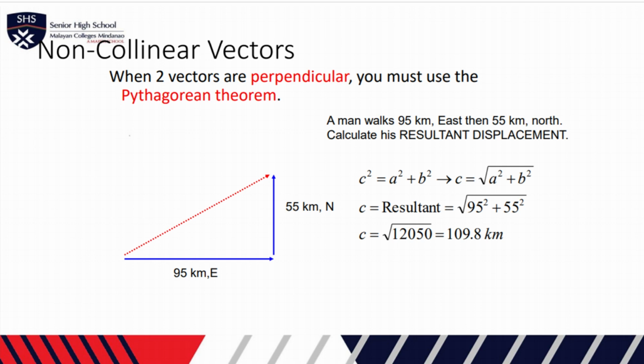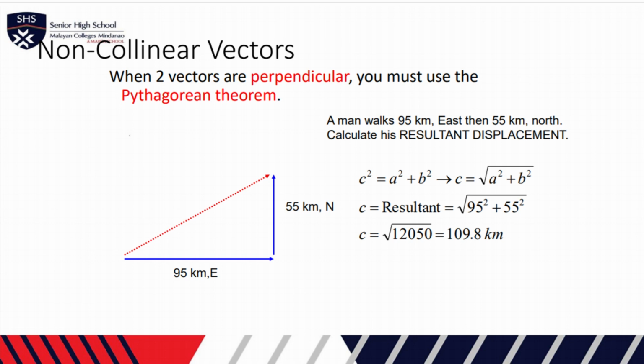If you solve that, it will give you the square root of 12,050, and if you solve for it, it will give you 109.8 kilometers. So this would be your answer for the resultant displacement. That is if two vectors are perpendicular. Again, that is if two vectors are perpendicular.